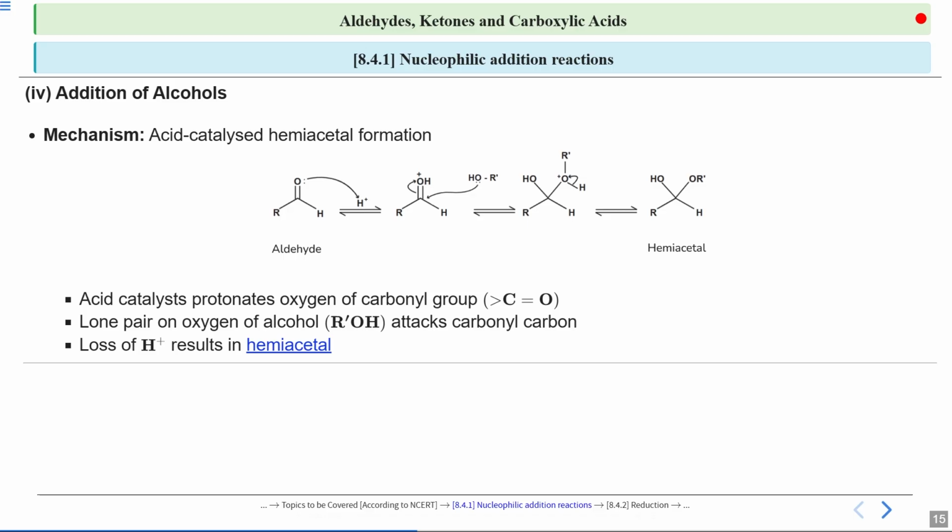This oxygen has a positive charge. Oxygen never loves a positive charge, so there will be loss of this H plus ion and finally you will get a hemiacetal. This is a stable product where the alcohol and carbonyl compound have successfully combined. In the hemiacetal, to this carbon, an OR group is attached and an OH group is attached. So this was the mechanism.